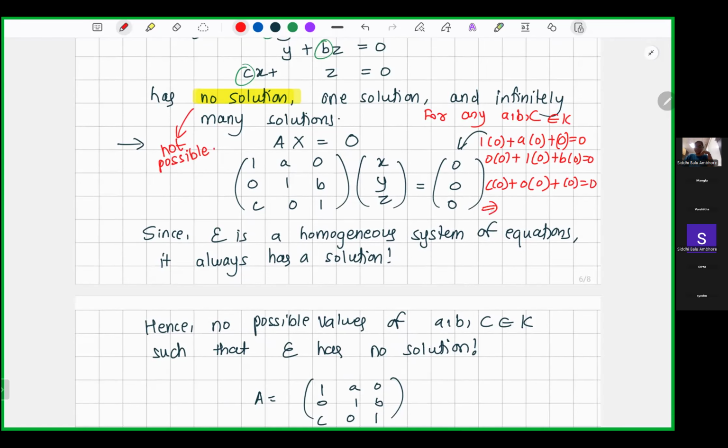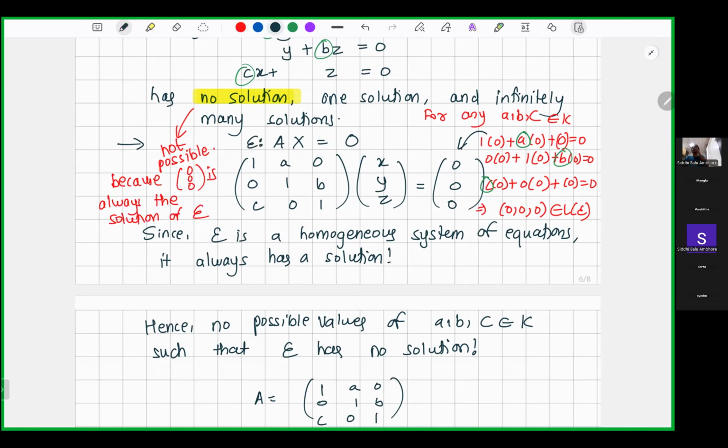So this implies for any ABC, (0, 0, 0) always belongs to the solution set. It is always a solution of this system of equations, no matter what A, B, or C are, whether written vertically or horizontally.